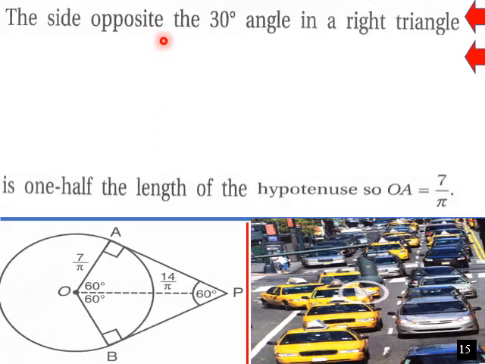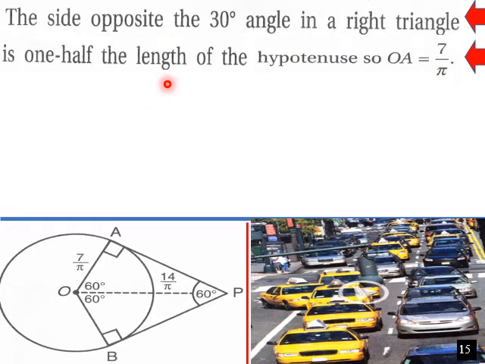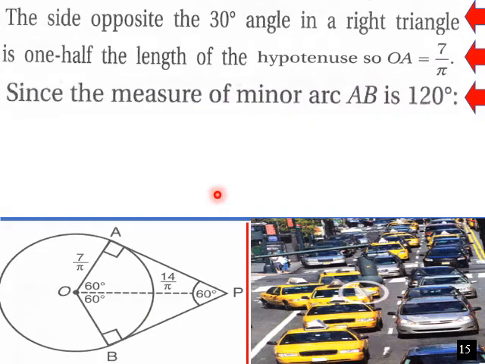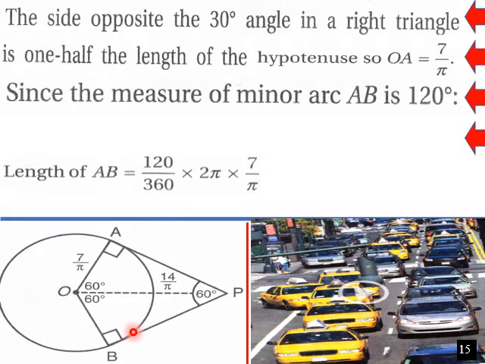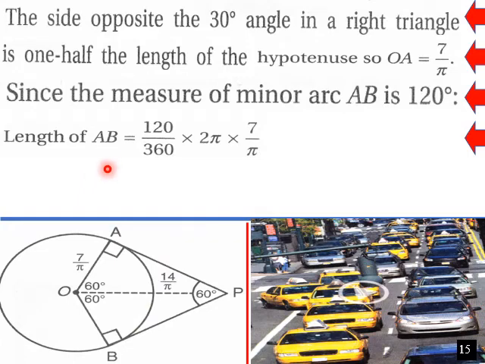The side opposite the 30-degree angle in the right triangle is 1/2 the length of the hypotenuse. So OA, right here, is 7 over pi. Since the measure of the minor arc AB is 120, the length of AB equals 120 over 360 times 2 pi times 7 over pi.